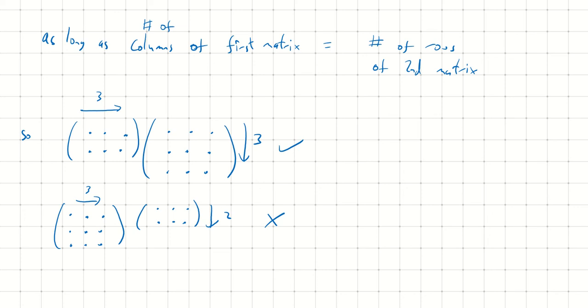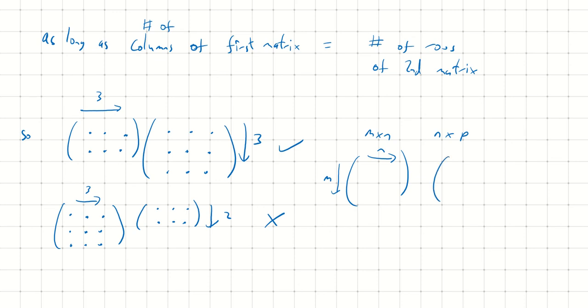Indeed, the general rule is, if you have what's called an m by n matrix, so what does that mean? That means it's m rows and n columns, and you can then multiply it by an n by p matrix.